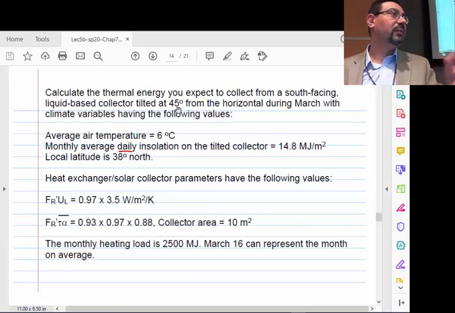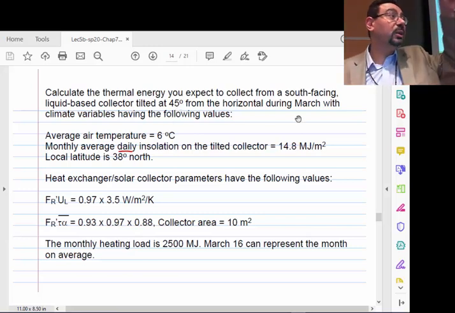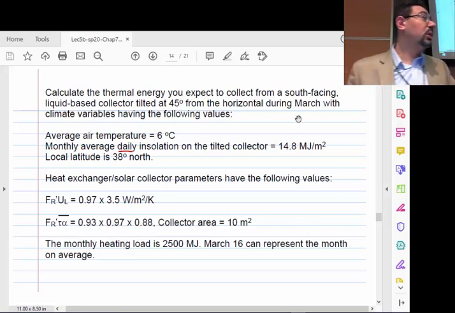Remember, monthly average daily radiation. So you open, he said March, so we open the month of March at latitude tilt, and we read how much average kilowatt hour per meter square per day.